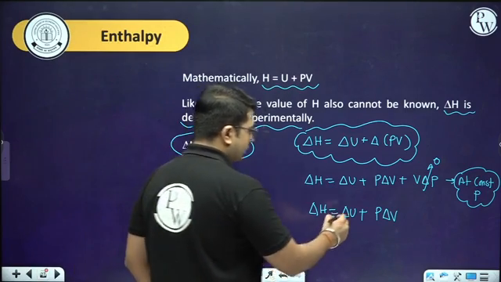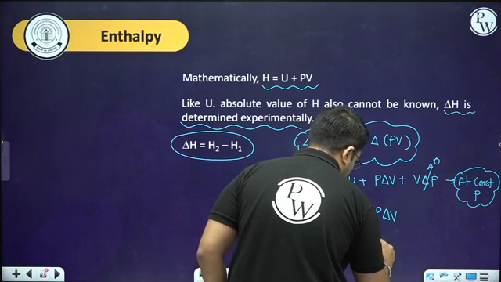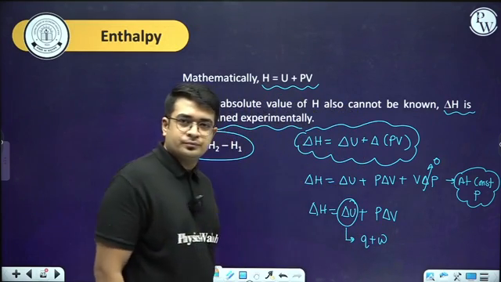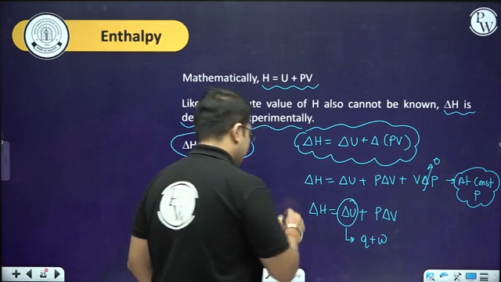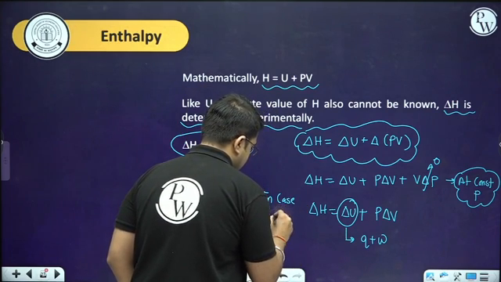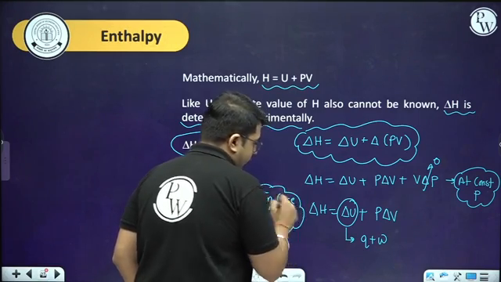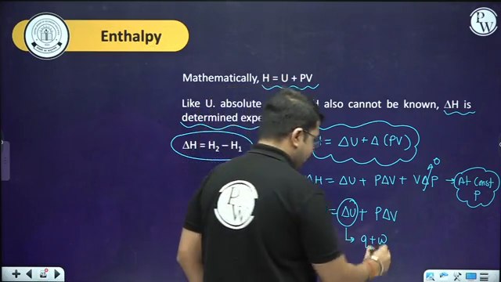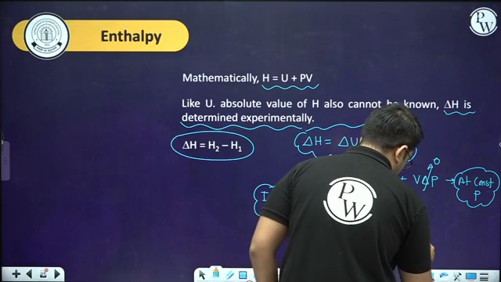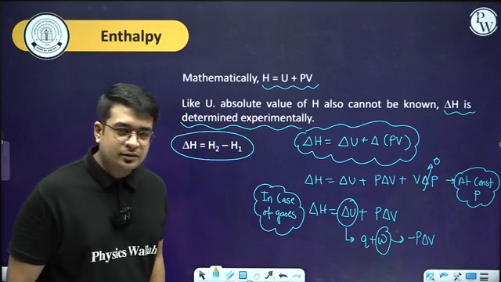Now according to the first law of thermodynamics, delta U will be equal to Q plus W. In case of gases, we know that W is equal to minus P delta V. That is the interesting part.